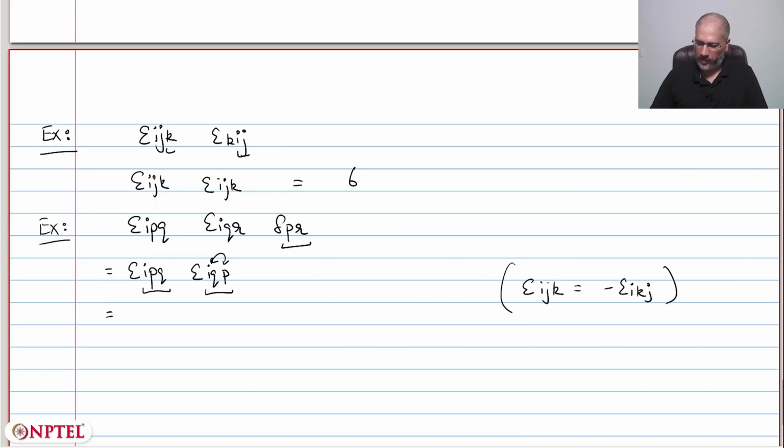So we know that from the identity we had discussed earlier, because if you swap any two indices, the ordering changes. So that means that I can write this as epsilon ipq, and if I swap the indices p and q here, this becomes ipq but with the negative sign. So we have epsilon ipq, epsilon ipq, that's the same as epsilon ijk, sorry, this one, and that is equal to 6. So this becomes a minus of 6.